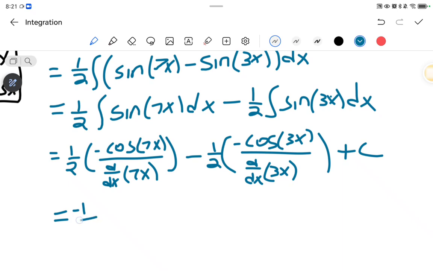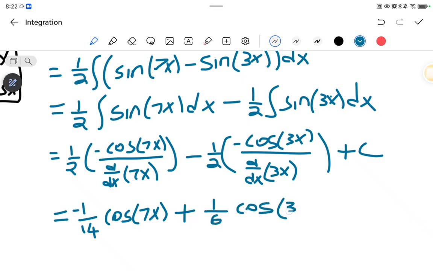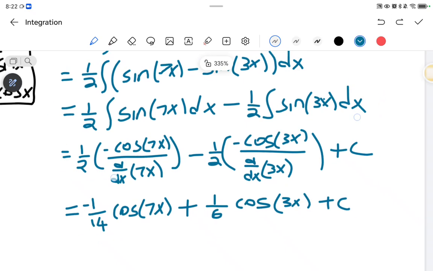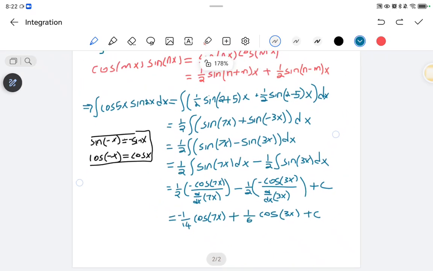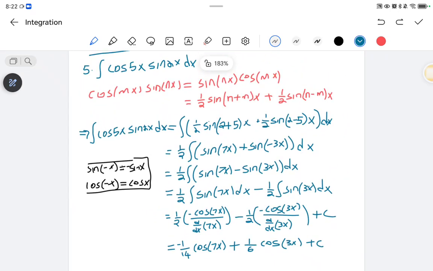So it'll be minus 1 over 14 cos of 7x minus 1 over 6 positive cos of 3x plus c, because negative times negative is positive, right? So it's positive there. Then this is the solution that we're going to get. Any question?